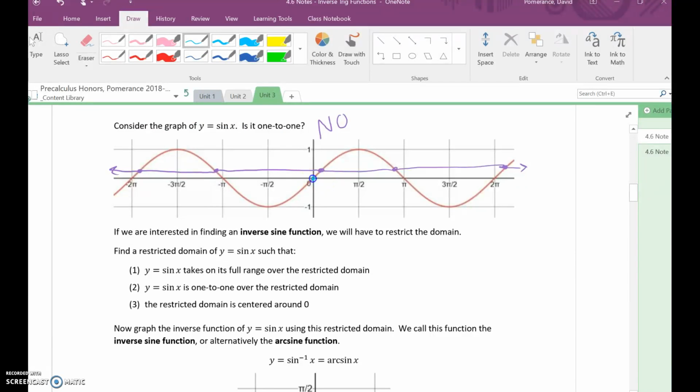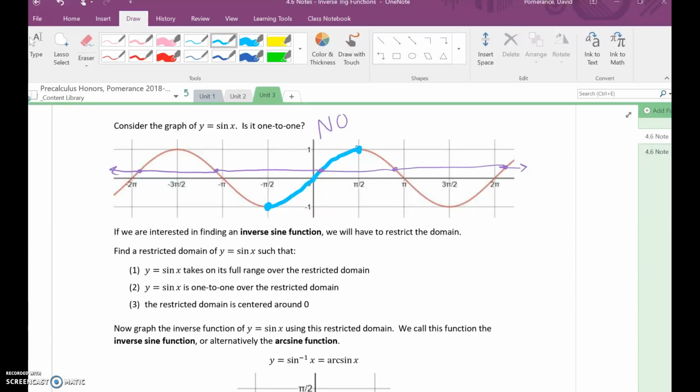So if we're centering it around 0 and we go until we get to a maximum, and then we also go the other direction to get to a minimum, then this piece right here fits the two requirements, 1 and 2, and then the third thing was the nice-to-have, and we were able to do that.